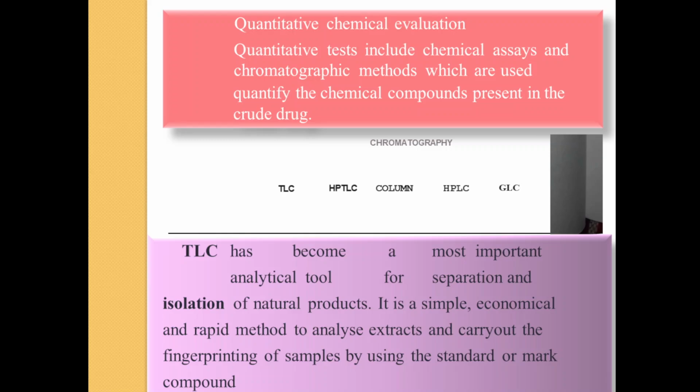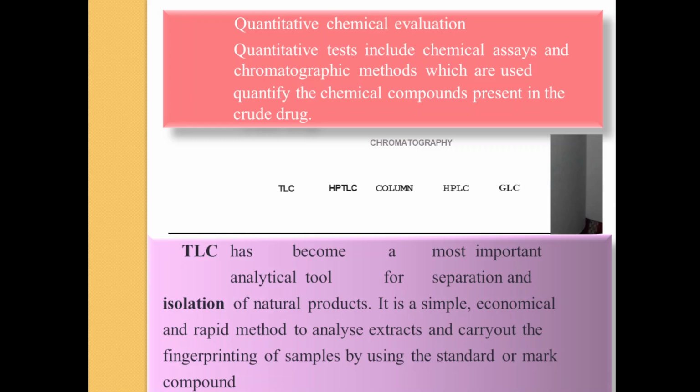After application of the extract or sample, if any marker compound is present, since from the literature survey you know that that particular drug or extract contains such an active constituent, then the marker compound is also applied. After application, the mobile phase is prepared and allowed to saturate.